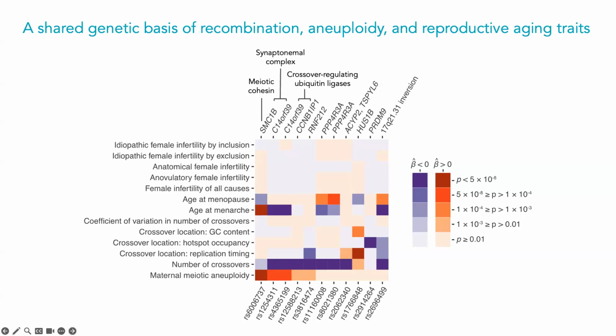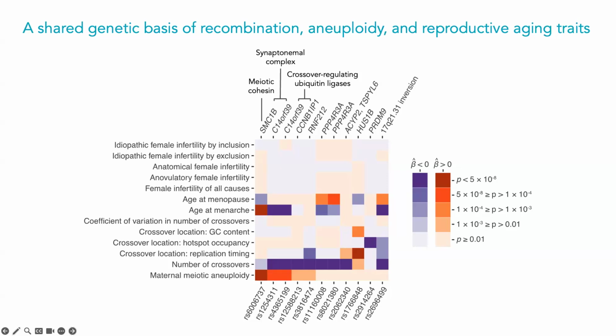These are ubiquitin ligase proteins that are involved in the regulation of crossovers. And interestingly, these genes, C14orf39, CCNB1IP1, and RNF212, all form an interacting module. Those proteins interact with one another in early meiosis, and so it's interesting that we pull all of those out together.